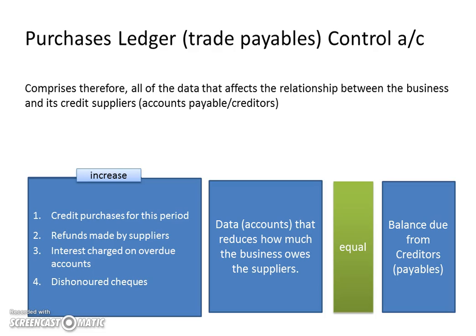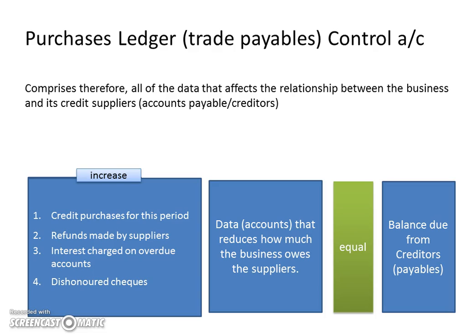That will increase the amount owed to the suppliers if we buy some more goods. Now if the suppliers refund us because we overpaid, then that would send up the balance, because they would have thought that we paid, but we didn't.